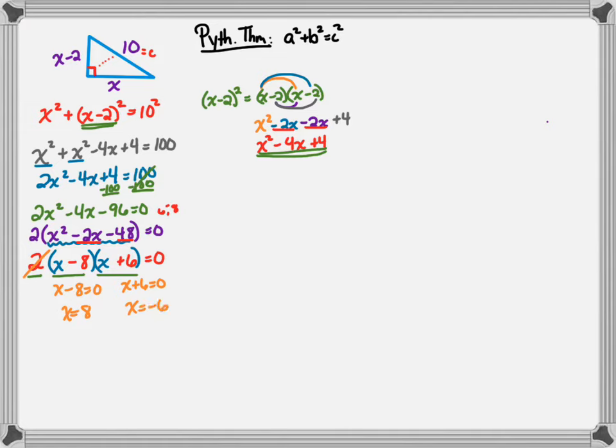So that's 2 solutions. But actually this problem is talking about x as the side length of a triangle. So a side length cannot be negative. So that's why we throw out the negative 6, because you can't have a length on a triangle that's negative. So you throw that out, and x equals 8 is your solution.